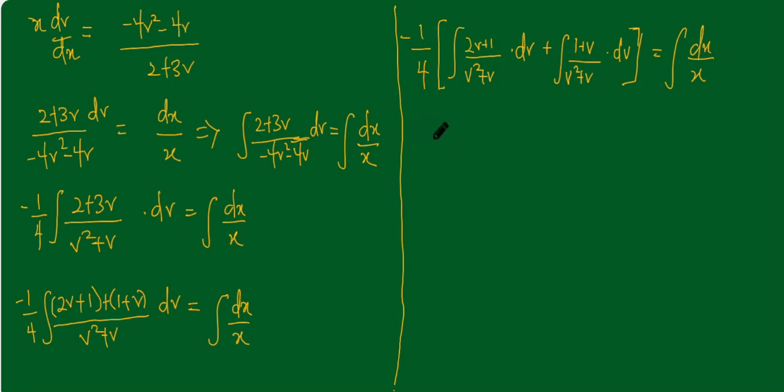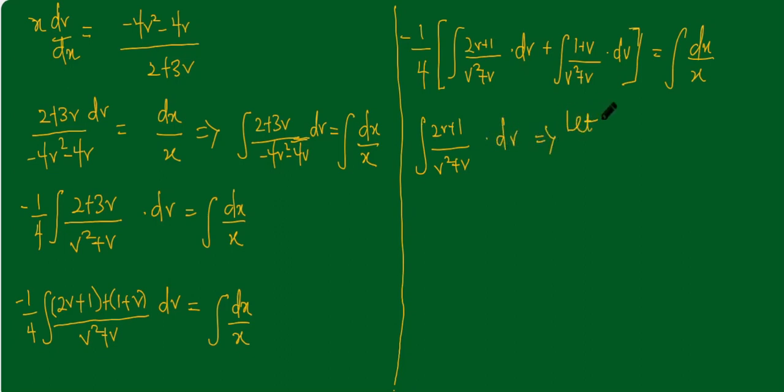So now we have to evaluate each of the integrals that we have here. So the first integral, we can evaluate it using the substitution method. So for the first integral, we have the integral of 2v plus 1 divided by v squared plus v dv.